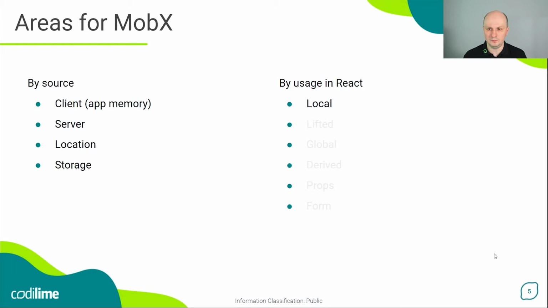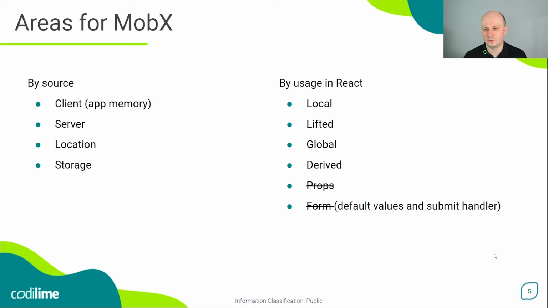By usage in React, we can use MobX in local, lifted and global. Derived is of course implemented by computed properties in MobX, and I don't think it's useful for prop state. And as I said before, for forms I would use just default values from MobX, and I would handle the submission.